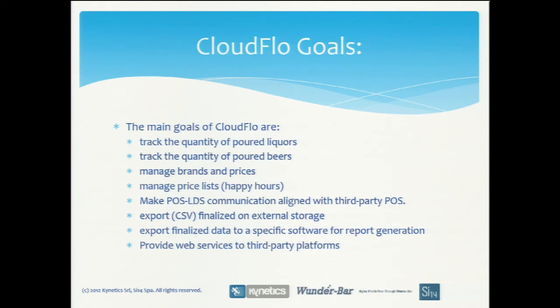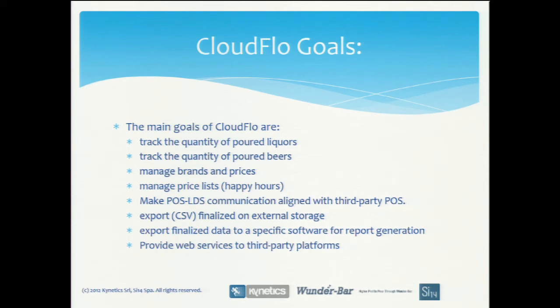So what are the goals of CloudFlow? Track the quantity of poured liquors, track the quantity of the poured beers, manage brands and price. Inside the embedded DB, I have all the prices, all the sizes, all the brands, I have everything.